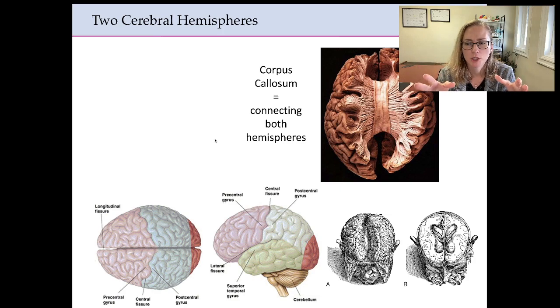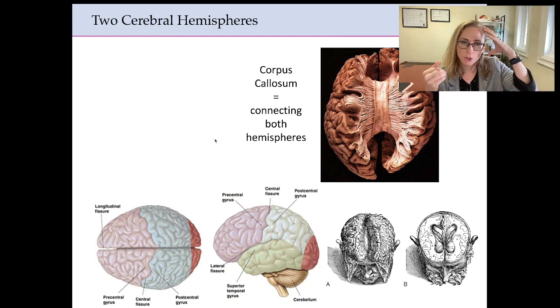Pretty much every function except for language is bilateral, right? Both hemispheres serve similar functions, motor, sensory, whatever it is. But remember what I had said, that all motor and sensory functions are contralateral to the brain area.